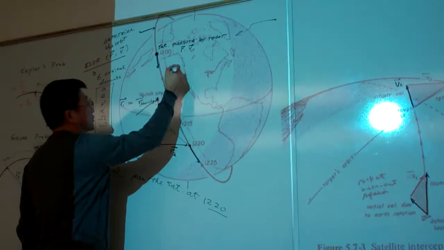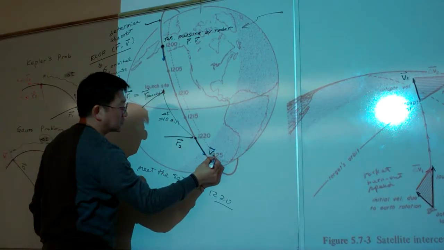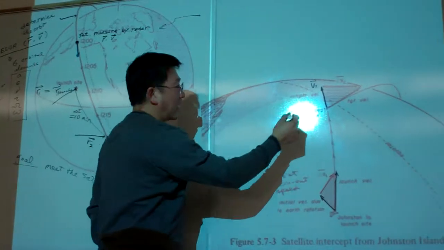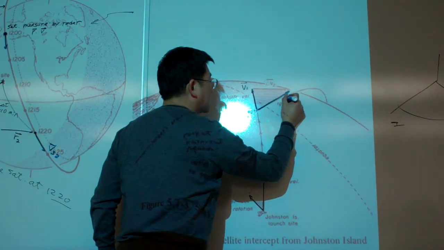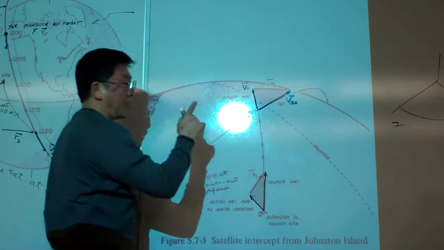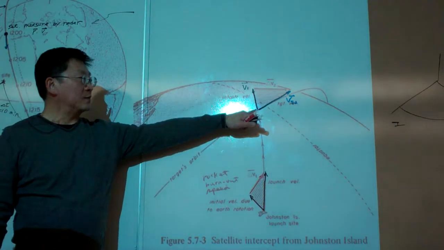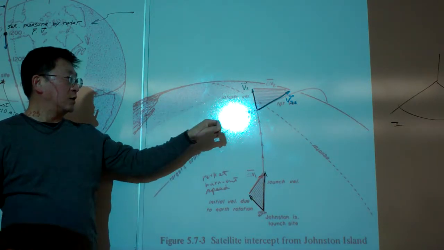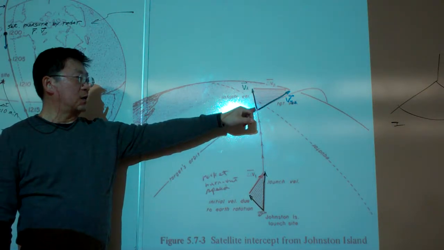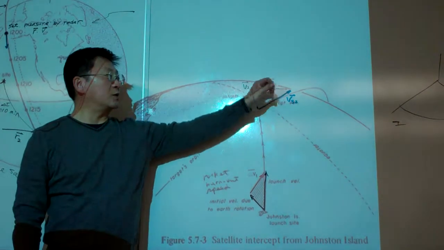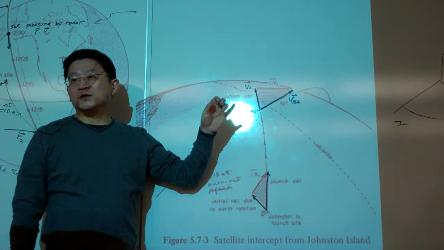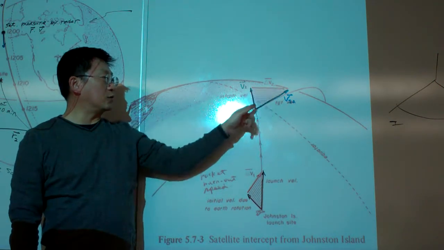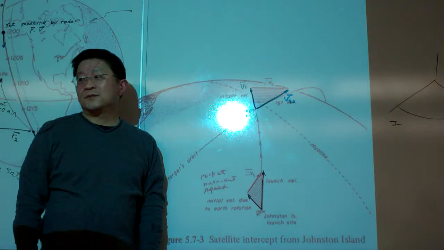Let me call that V, the satellite speed at the second point, which is the speed of the satellite on its orbit. So this delta V is what we need once we have the intersection at that point. We need to do an orbit maneuver such that we can change and align to that direction. Be good?